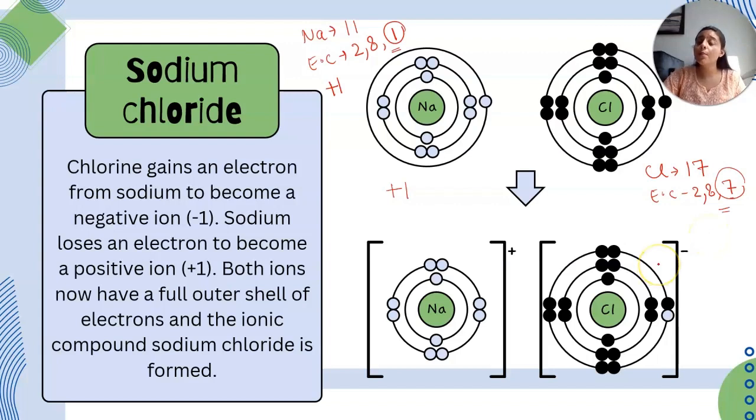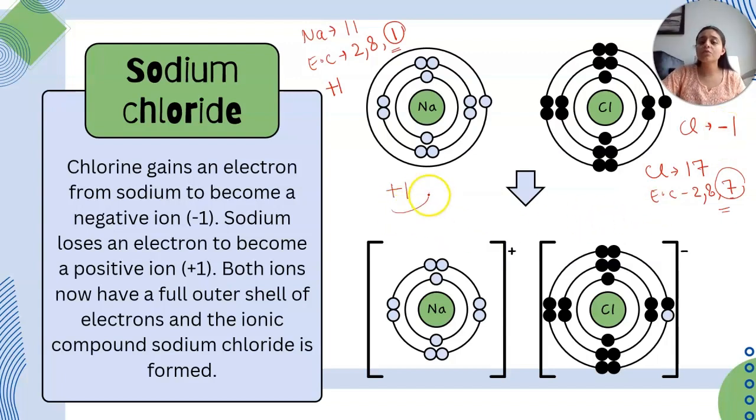Valency is the number of electrons an atom can donate or accept to complete its octet. So the chlorine needs one more electron to complete its octet, right? Since chlorine is a non-metal and needs one electron to complete its octet, it will gain one electron and have a negative charge, right?